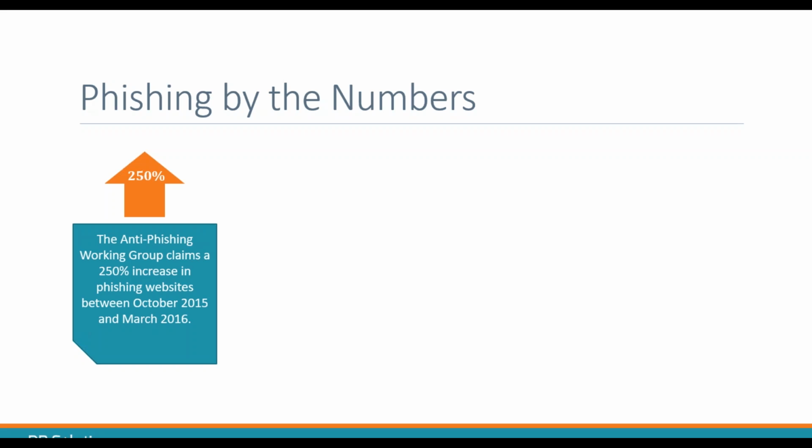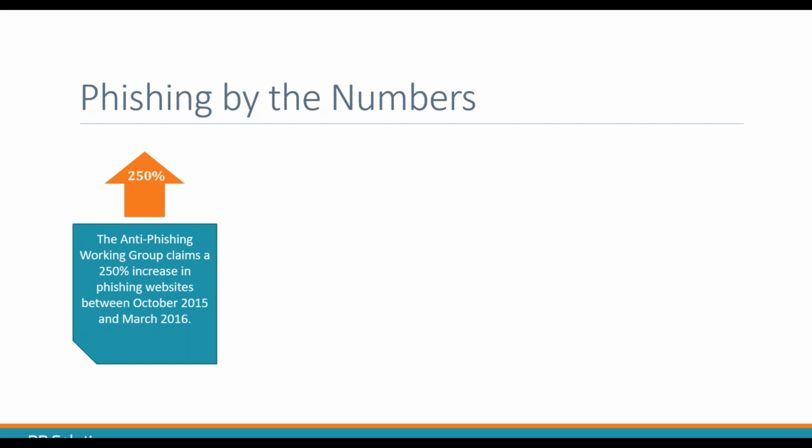That is to say, landing pages where a user might click through and there's a fake website collecting information, and that's just between 6 months or so. That's a 250% increase, and the reason for this is that phishing is really easy to organize.